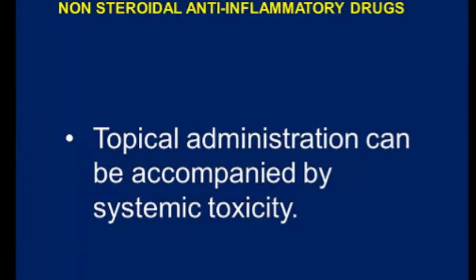It can also cause a side effect that we call systemic toxicity. That is why NSAIDs are contraindicated for patients with ulcer, because they exacerbate the ulcer. So this is where the systemic toxicity comes in.